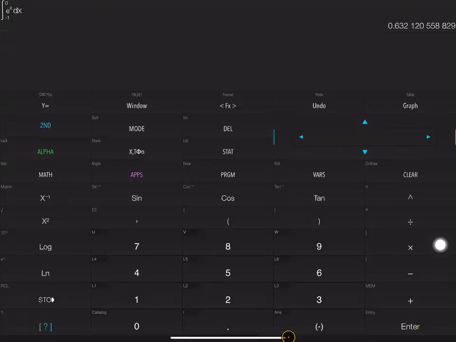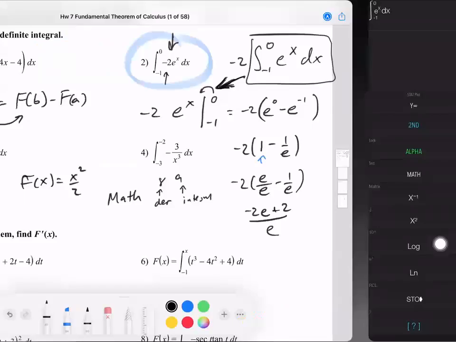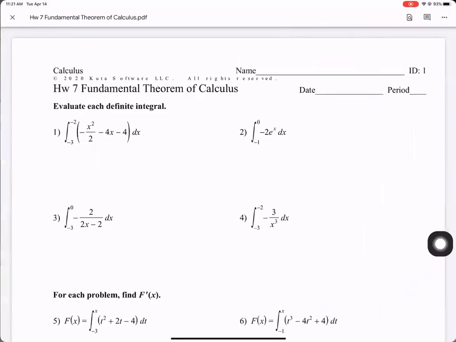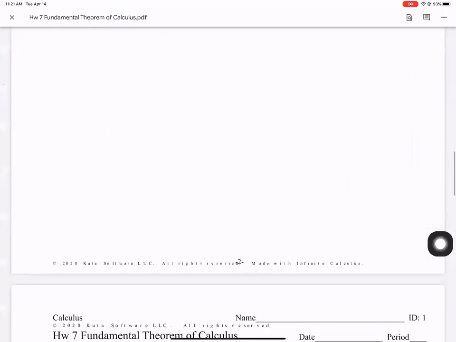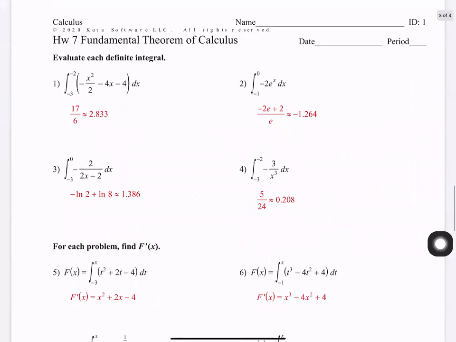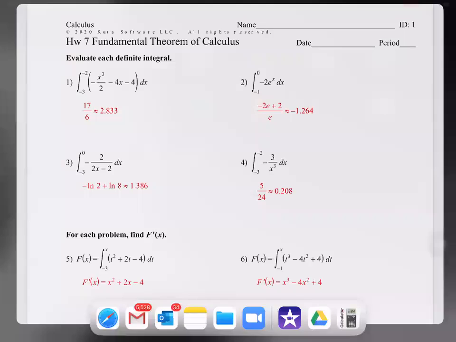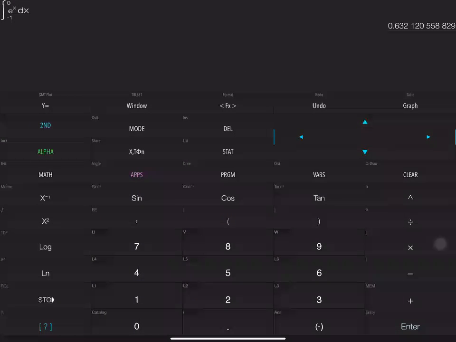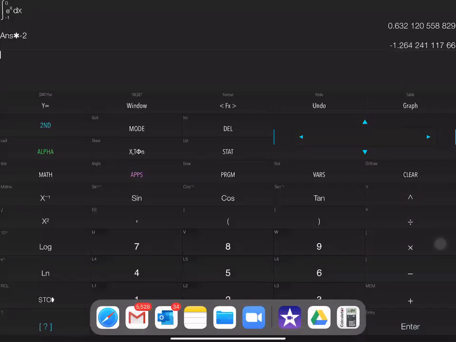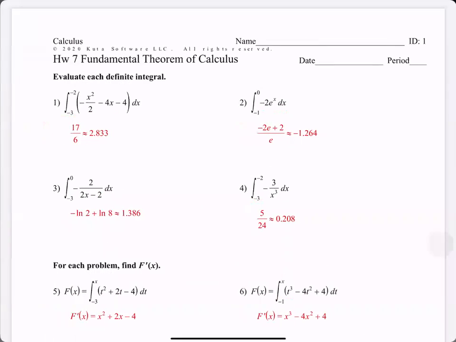Let's see if that was my answer. Nope. Oh, I forgot the -2. Times that by -2. -1.264. So you can actually do this on your graphing calculator, and it should give you the same answer, negative 1.264.